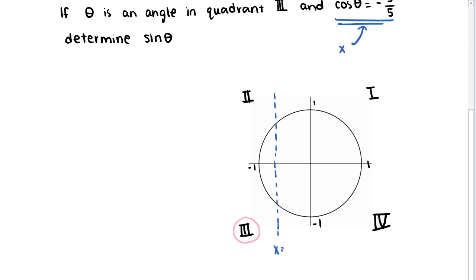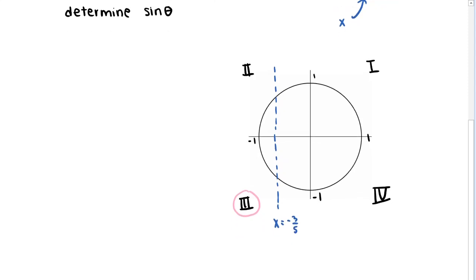This is the line x is equal to negative 3 over 5. So there are 2 points on the unit circle here that have such an x value. But again, we're talking about the point on the unit circle in quadrant 3. So we're really talking about this point down here.